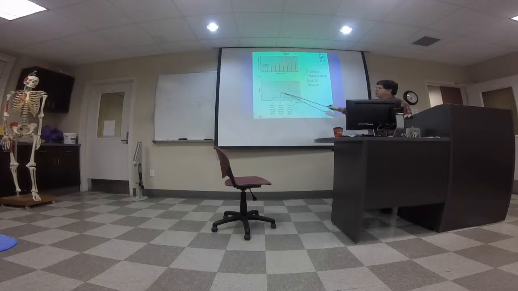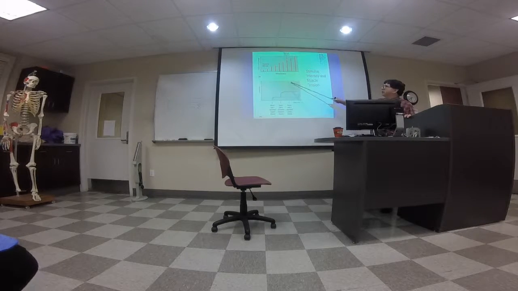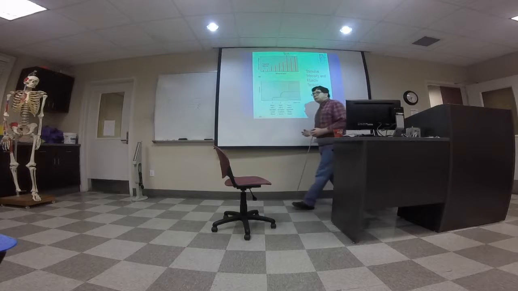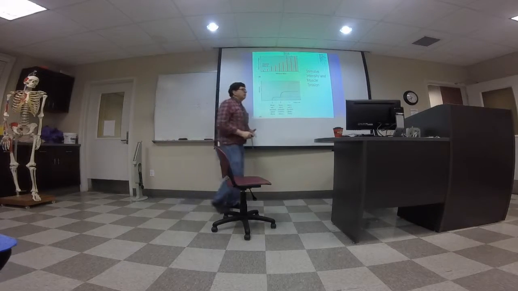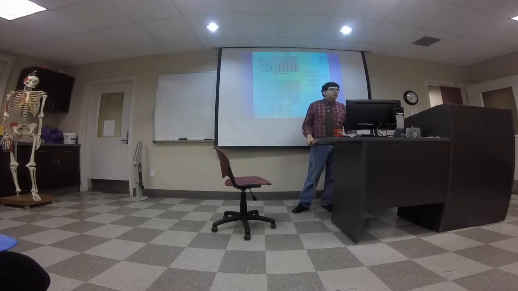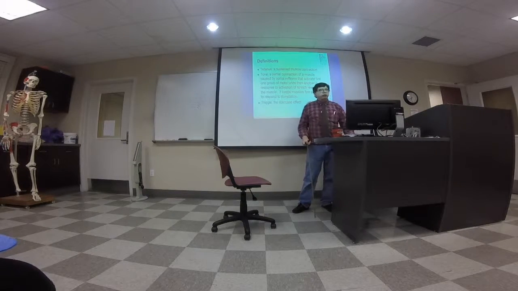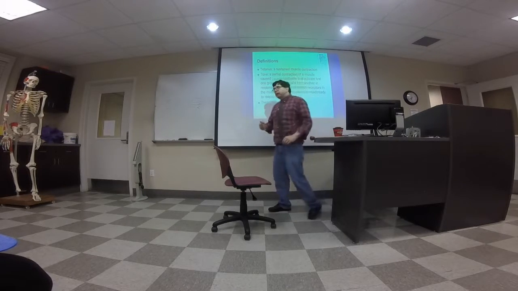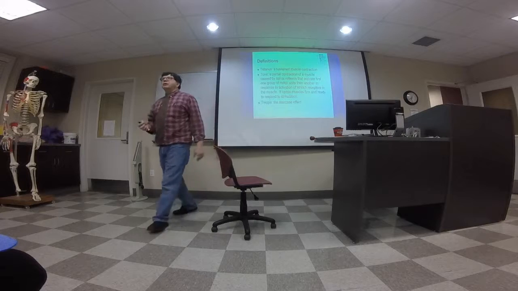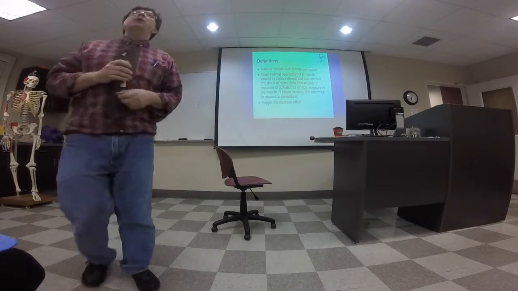If we recruit an additional motor unit, you have an increase in number of contracting fibers, and still another motor unit, more fibers are going to contract, resulting in a greater force of contraction. So those are the two mechanisms by which we increase force of contraction. As I mentioned, if you deliver action potentials at a high enough frequency, you're going to have sustained contraction, what we call tetanus.